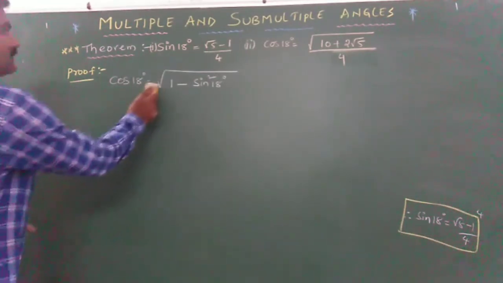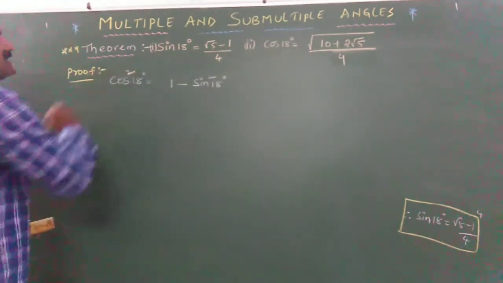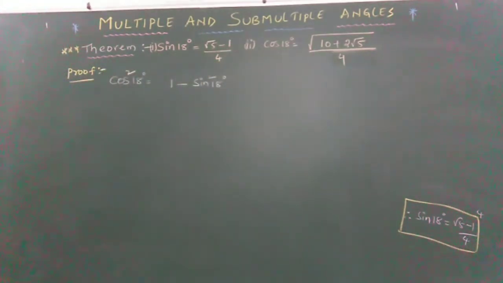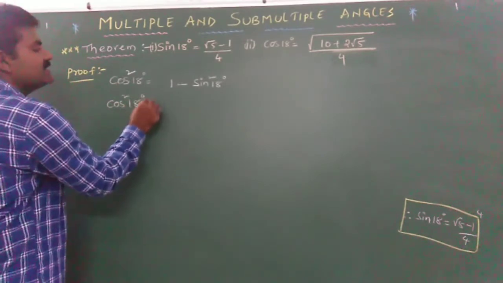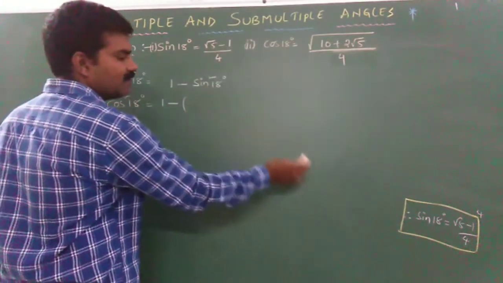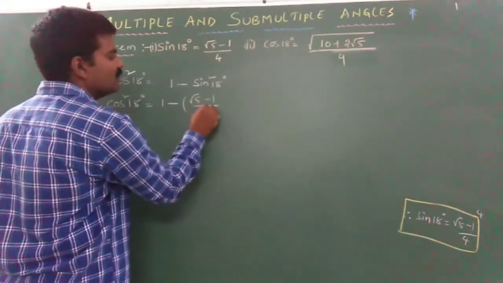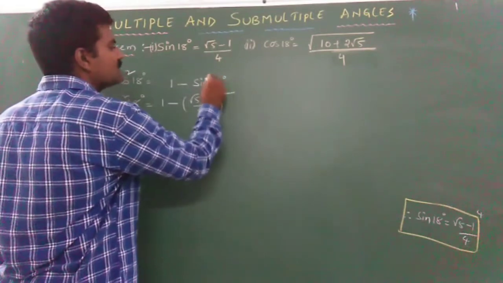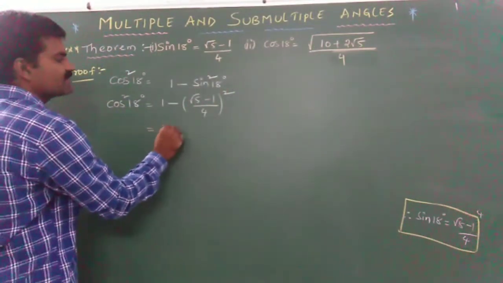Otherwise do one thing. Can I write it that cos square theta is equals to 1 minus sin square theta? Okay, fine. So hence cos square 18 degrees is equals to 1 minus, just now we got it, sin 18 value is root 5 minus 1 divided by 4, whole square. So now just simplification.